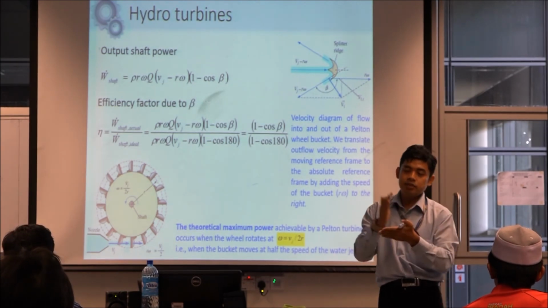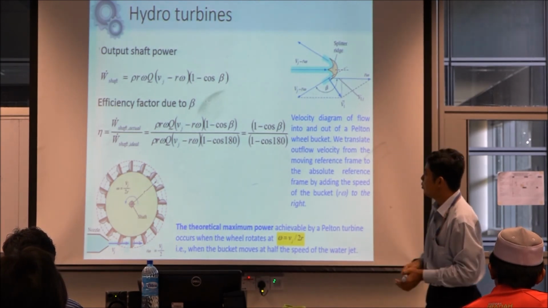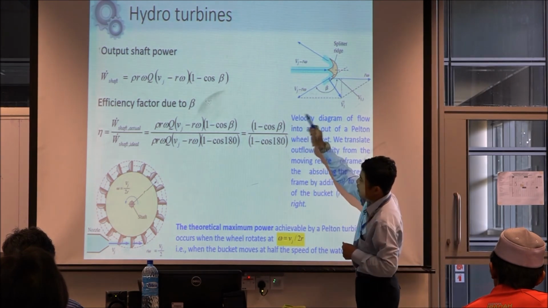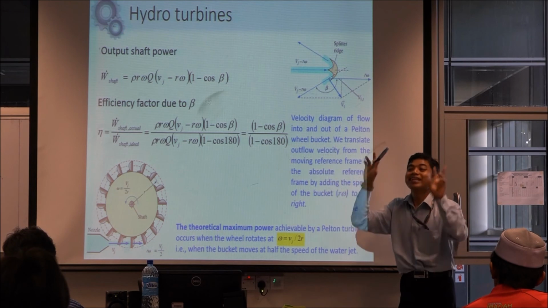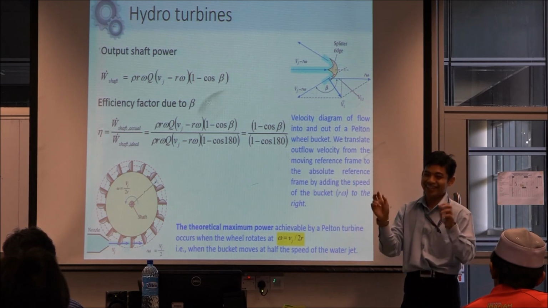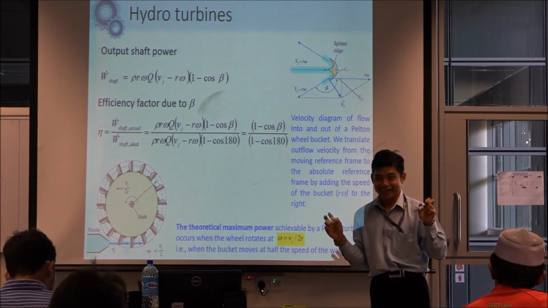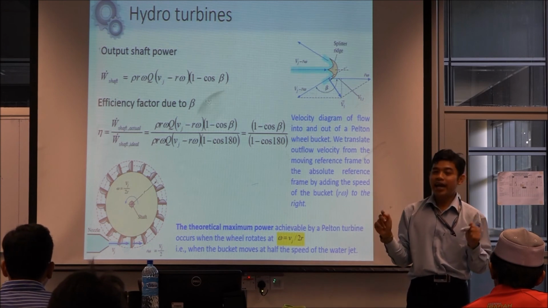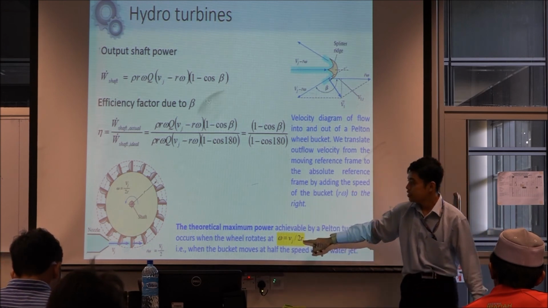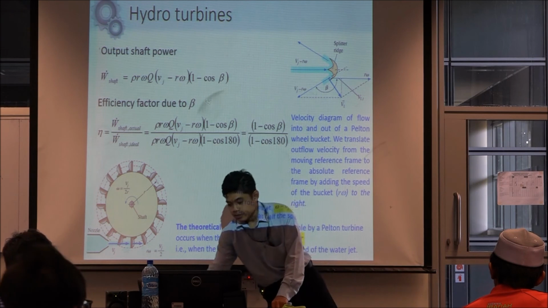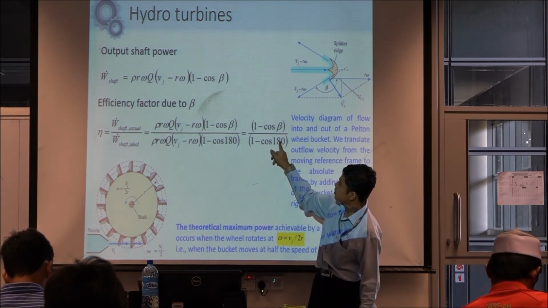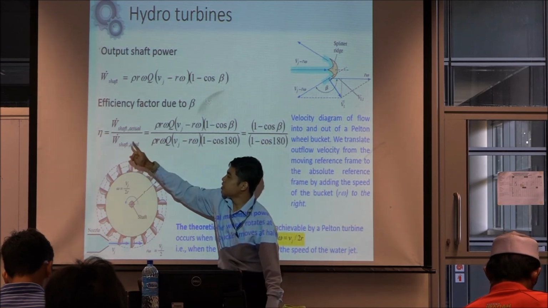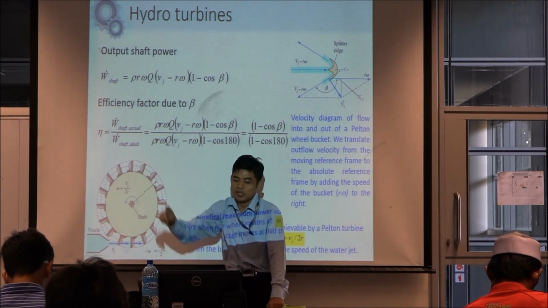So the maximum theoretical value is achieved when beta is equal to 180 and omega is equal to V jet over 2r. That is the ideal thing. This is the maximum ideal shaft power, which will never be achieved.